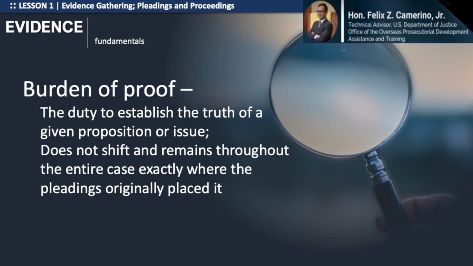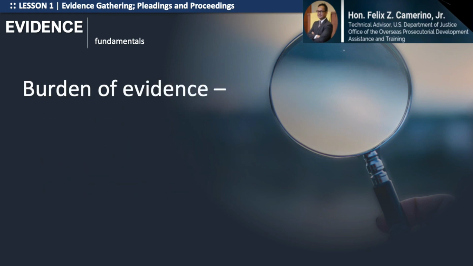Now there is also such a thing called burden of evidence, and burden of evidence is the natural or logical necessity, rather, in response to the allegations made by the government. It starts that way anyway. So you have the government first that alleges that a violation has been committed.